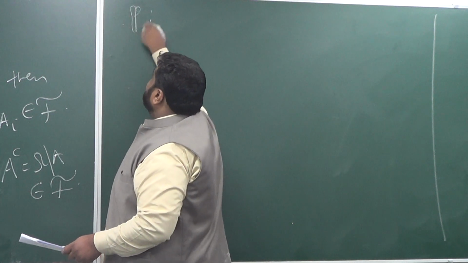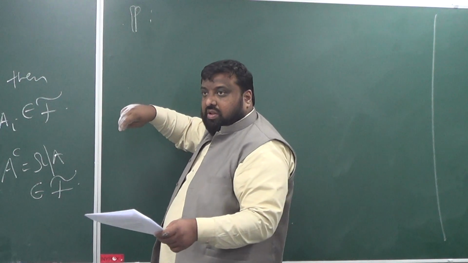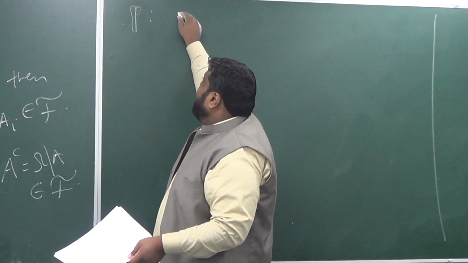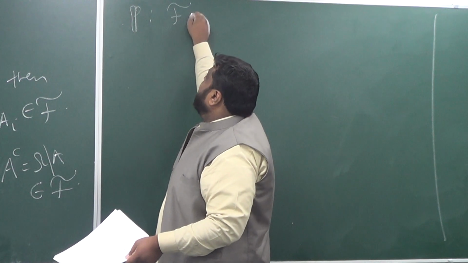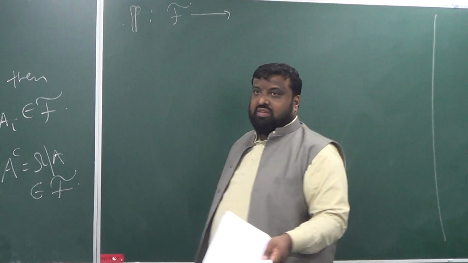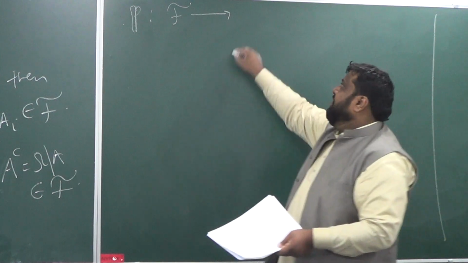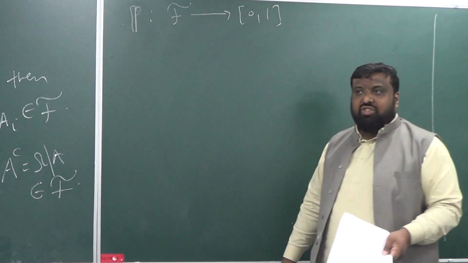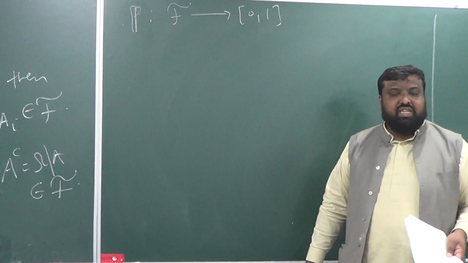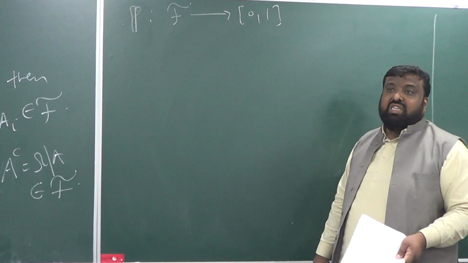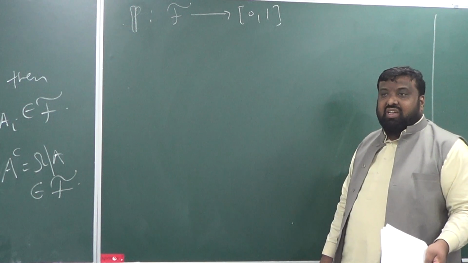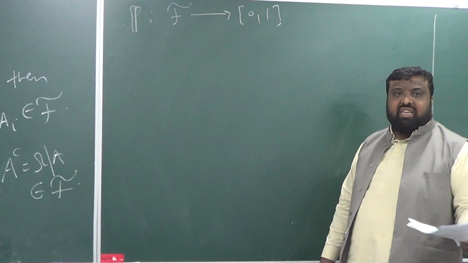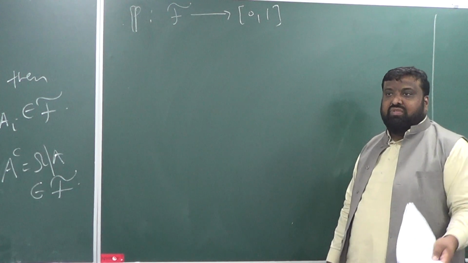P is a map. From where to where? Not from omega, but from F into R, from 0 to 1. It should be 0 to 1. It's pretty intuitive that this should be the case. F is a collection of events, and P is a map which takes an event and gives you the chance of its occurrence.